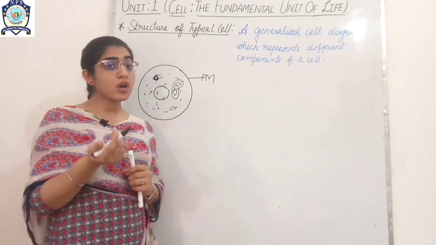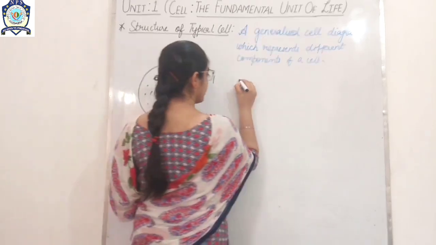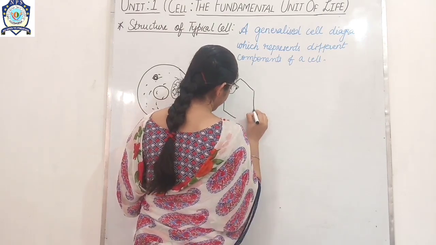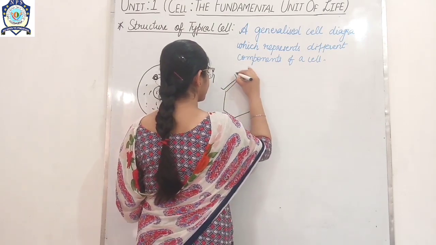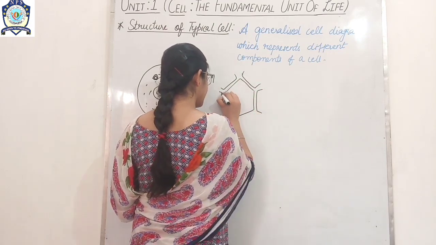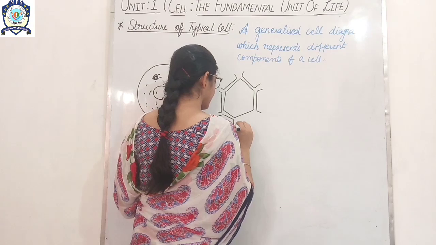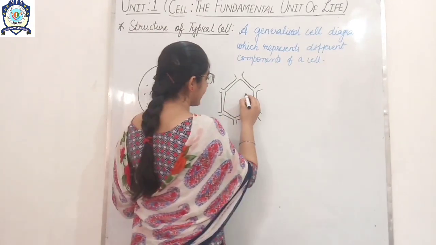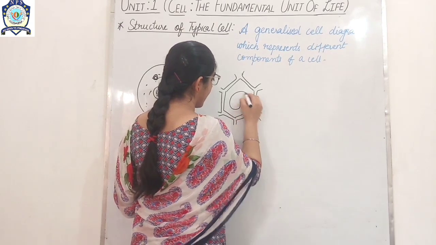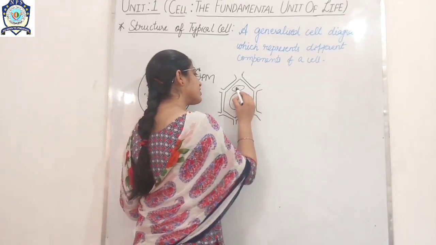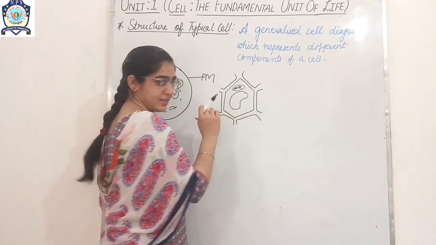But if we talk about the plant cell, roughly again I am representing the structure of a plant cell in this way. You have studied in your class 8 that in the case of a plant cell, in the center there is a large vacuole. Also there is chloroplast in the plant cell.